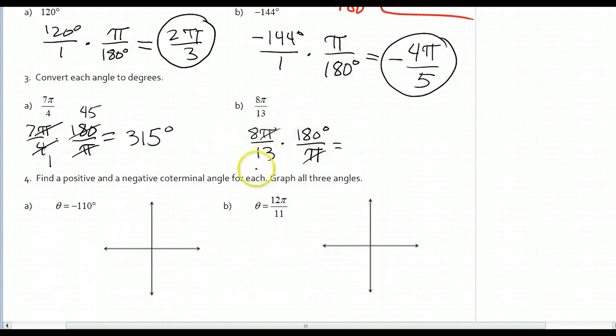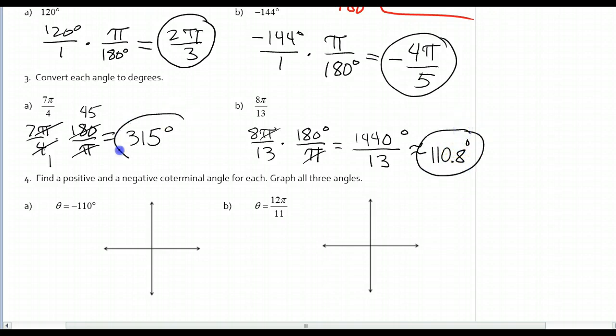And then if we multiply this through and leave it as an improper fraction, we end up with 1,440 over 13 degrees, or if we approximate it as a decimal, we get 110.8 degrees. So there's our answer for that one.